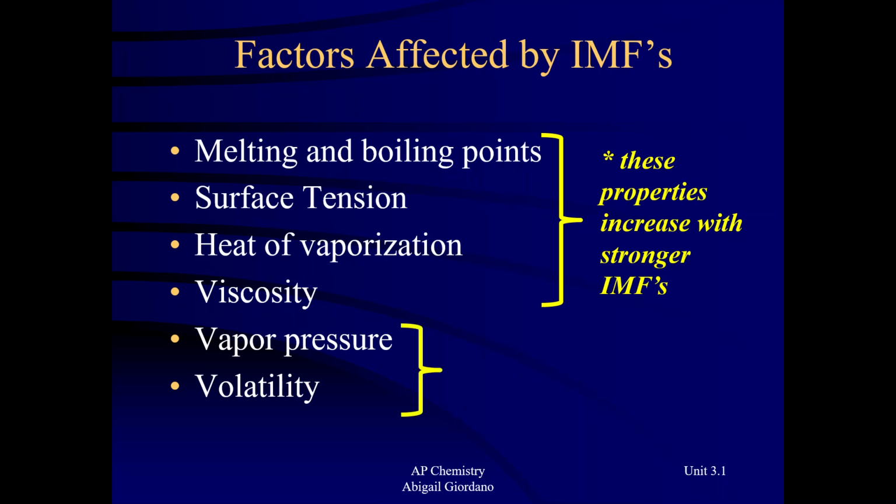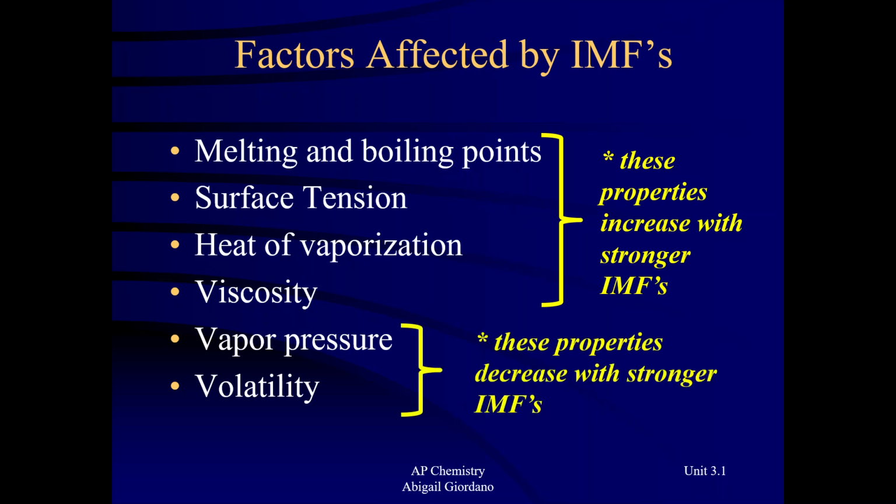Whereas these other 2 at the bottom, again, we'll talk more about this later on in the unit, these properties decrease with stronger IMFs. The stronger the intermolecular forces, the less vapor there will be, so there's less pressure. The less likely a liquid is to evaporate with strong intermolecular forces.